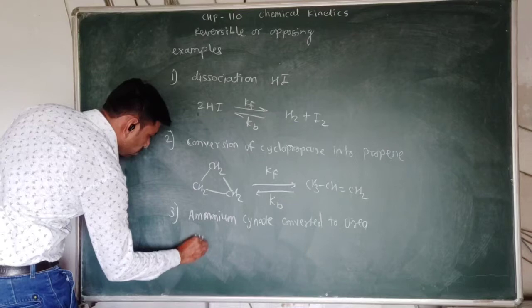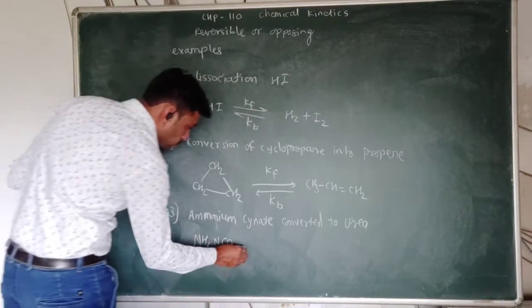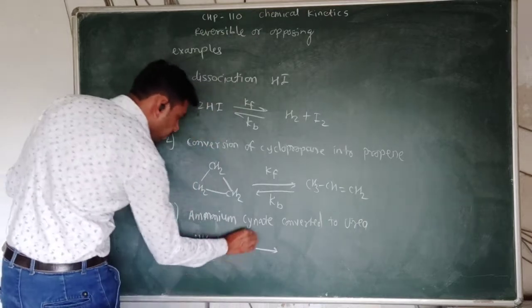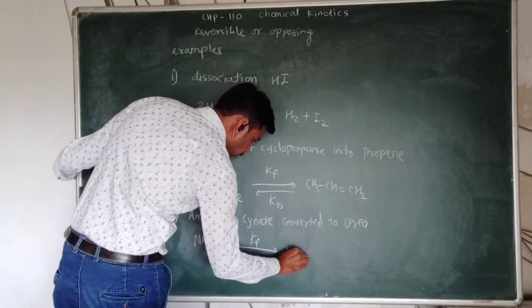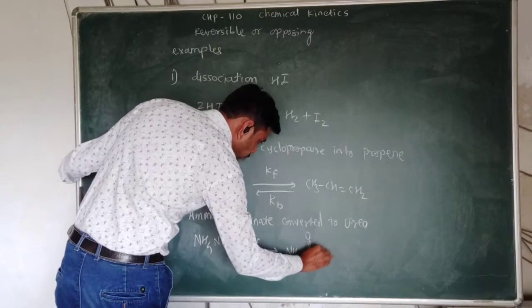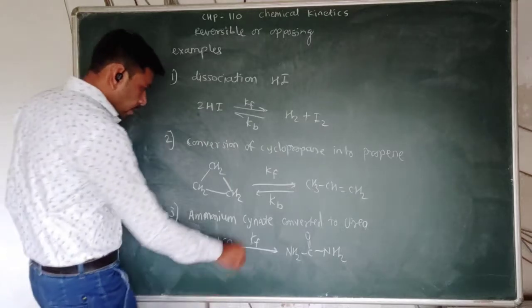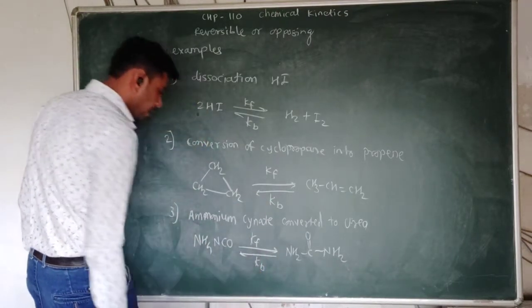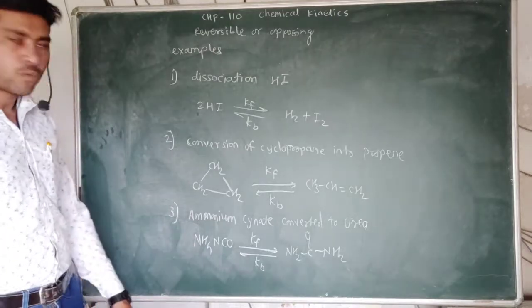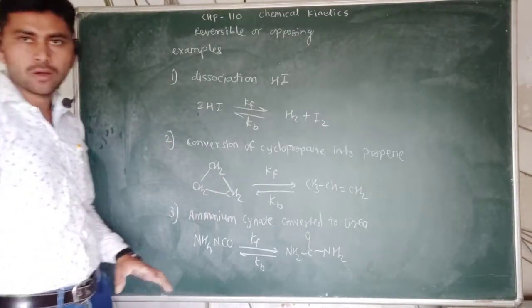Ammonium cyanate, NH4NCO, is converted by the forward reaction with rate constant Kf into urea, NH2CONH2, which is the formula for urea. And there is a possibility of conversion of urea with rate constant Kb back into ammonium cyanate. So these are the examples of reversible or opposing reactions.